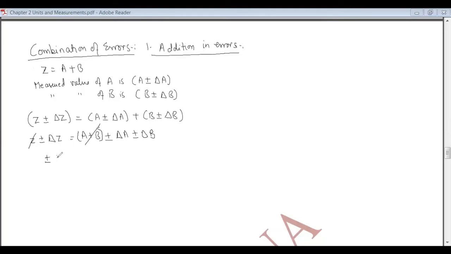Now what remains? Plus minus delta Z is equal to plus minus delta A plus minus delta B.